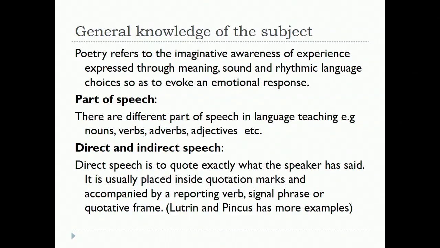She said that she is eating. And what I have said should be in quotation marks, just to indicate that you quote exactly as the person has said. There are some few examples in your book, which is written by Latrin and Pincus, in case you did not get this one clear.